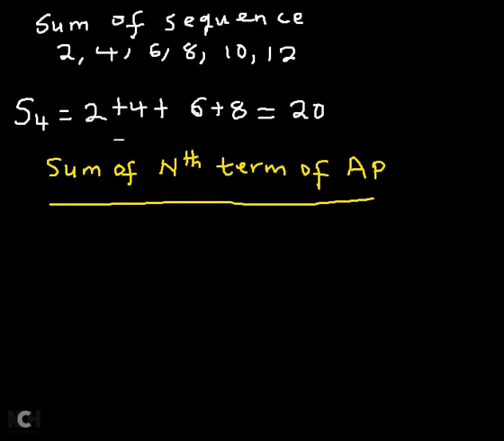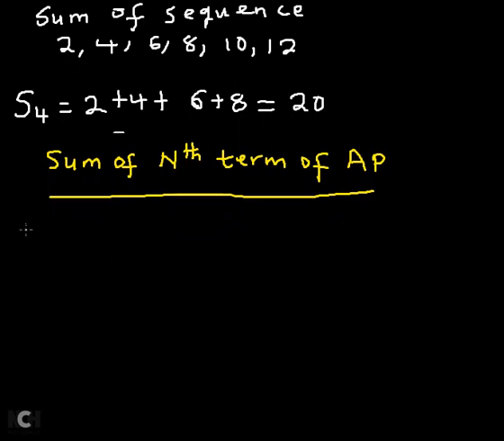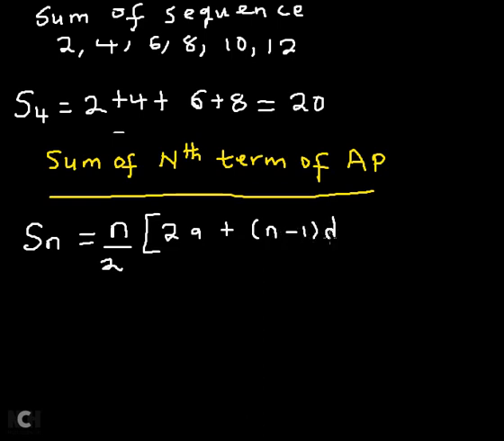All right. So what's the formula for the sum of the nth term of an AP? Simple. The formula is Sn, the sum of the nth term, is equal to n over 2, bracket open, 2a plus another bracket opens here, n minus 1 multiplied by d, then bracket closes.